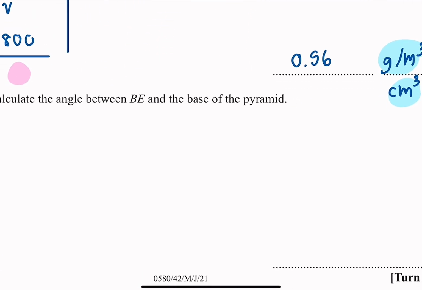Therefore, tan EBD is equal to the opposite side, which is 6√7 over the adjacent side, which is 3√61.